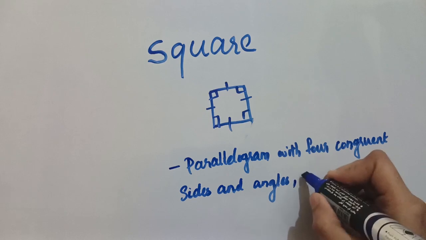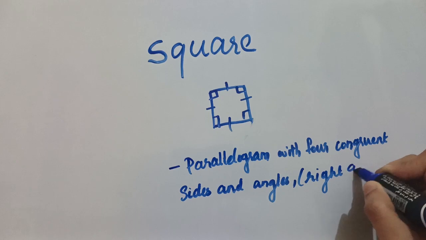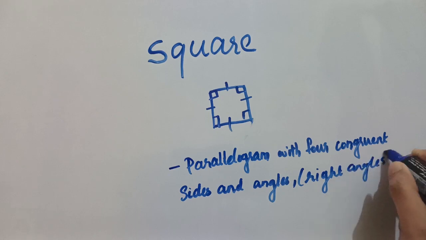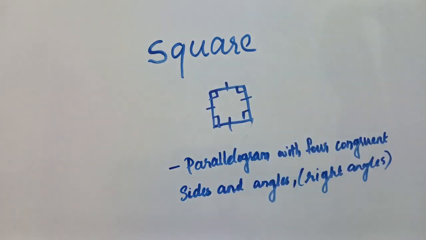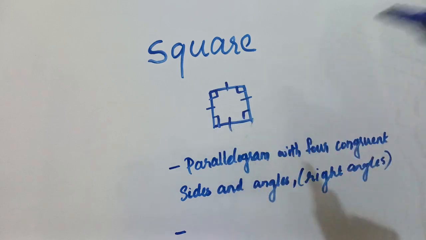Also each angle is a right angle, that is, 90 degrees. Therefore we can say a square is a rhombus, which is also a rectangle. That is, a square is a rhombus or rectangle with all sides congruent and all angles 90 degrees.